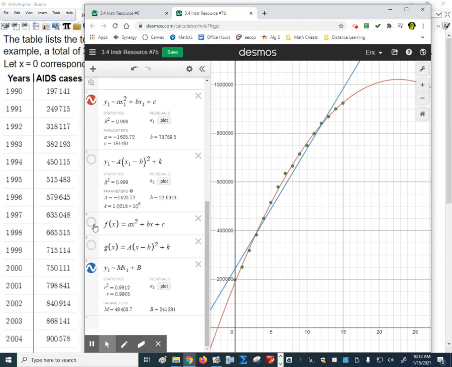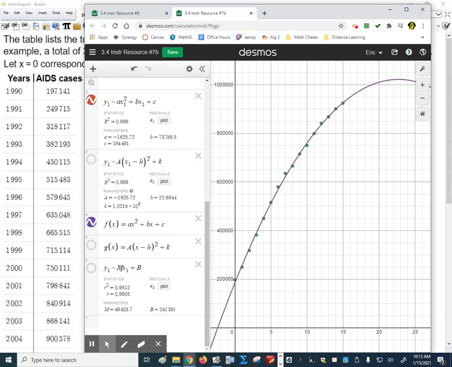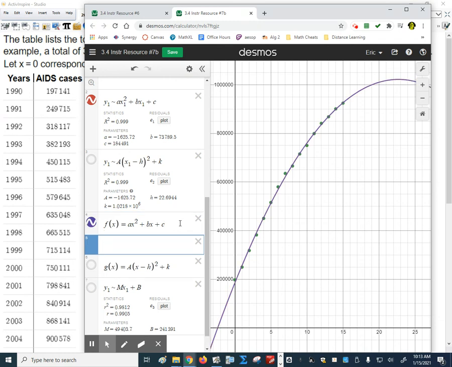I could use the parameters for my quadratic fit to create a function, here's my purple function, and then evaluate that function at 10.